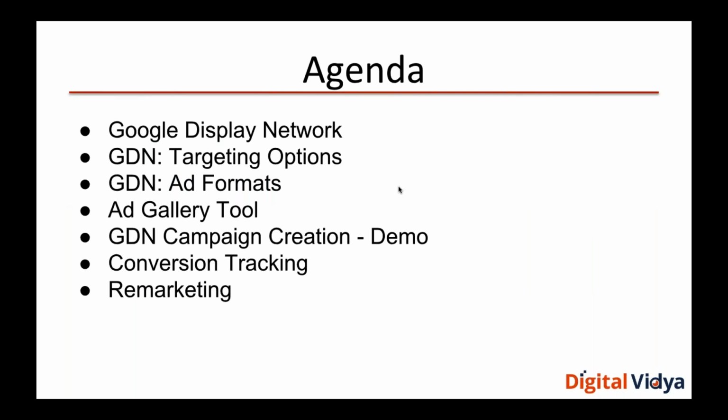First 2 weeks we were covering the search network. Now we'll be looking at display network. And today I'll be covering mostly what is display network, what are the different targeting options available on display network, and the ad formats. I hope to complete this much today, and the ad gallery tool and the campaign creation demo I might be doing in the next class, along with conversion tracking.